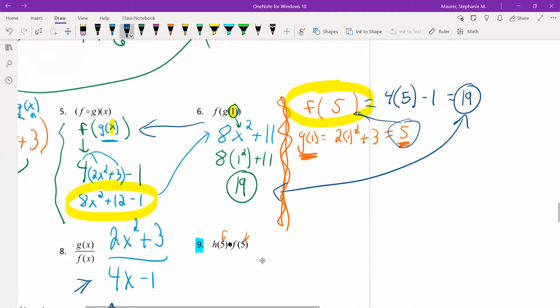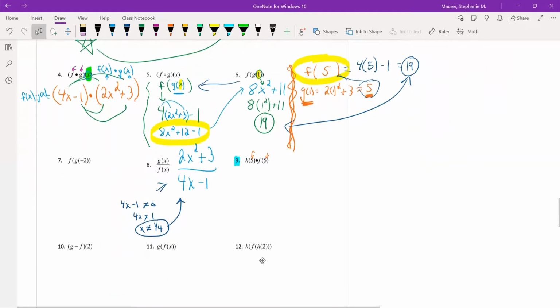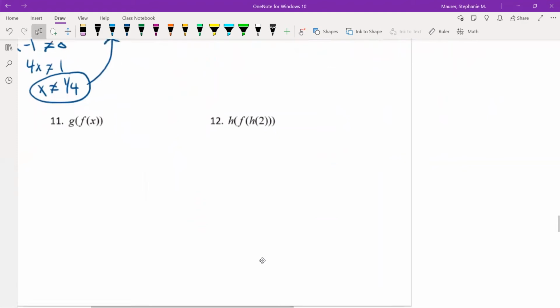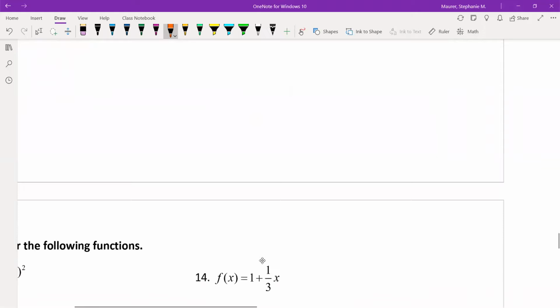It gets plugged into the g, and then you try a different number for the f. Okay, so all the other problems do fall under that line. Even problem number 12, even though this has 3 layers, the truth remains that you could find h of 2. That's going to give you a new number. Take that new number and plug it into f. And then take that new number you get from f and plug it into h.